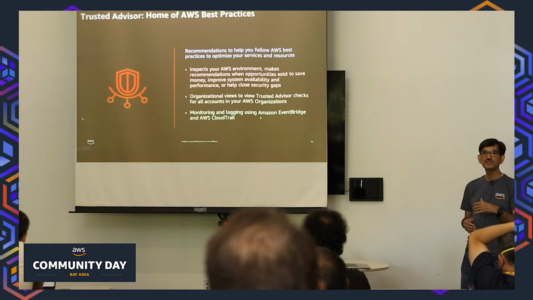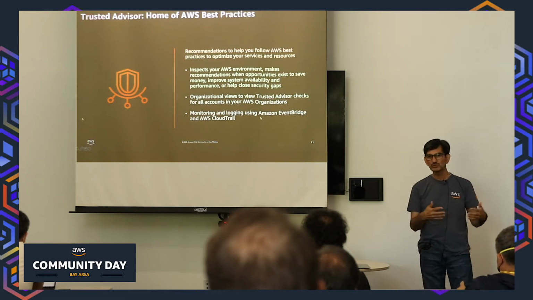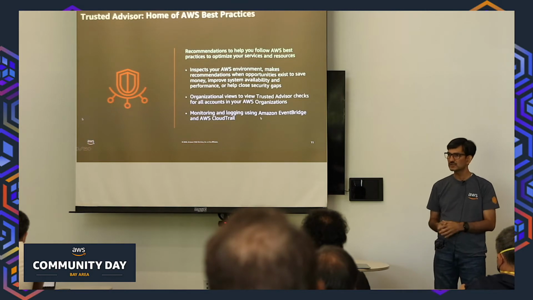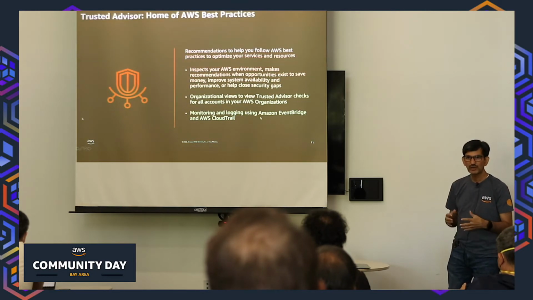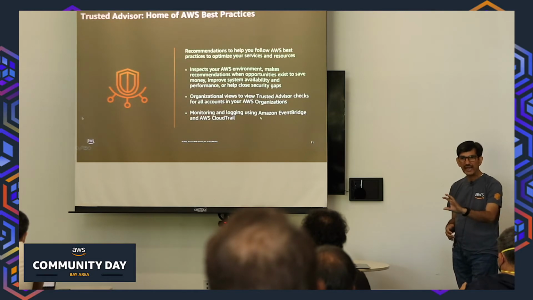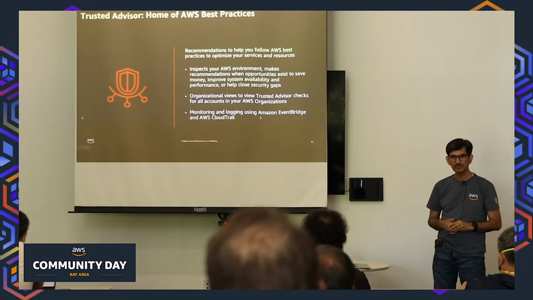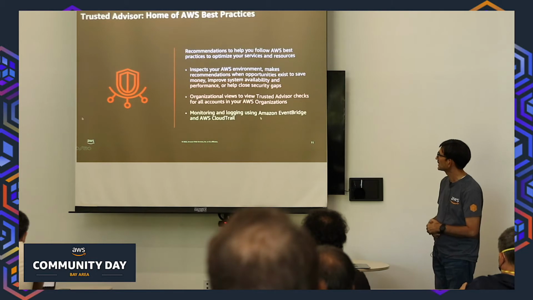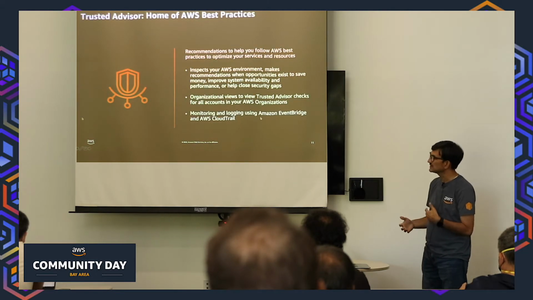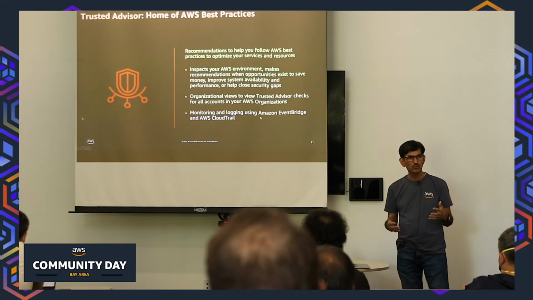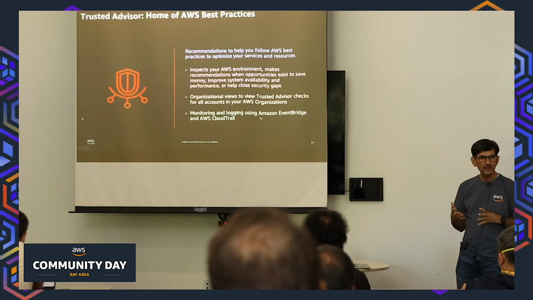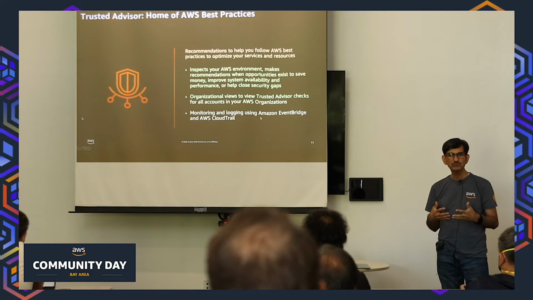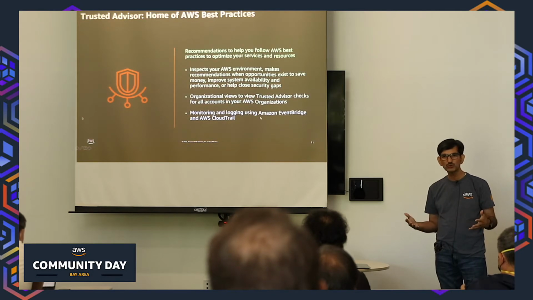But you should find out if it deviates, and you should explain among your team why it deviates. Does it make sense? Do you have a separate solution so that we are not leaving the gap that Trusted Advisor tells is there, and the recommendations? So what it does is it inspects your AWS environment almost on a daily basis and compares it with a set of rules we have.